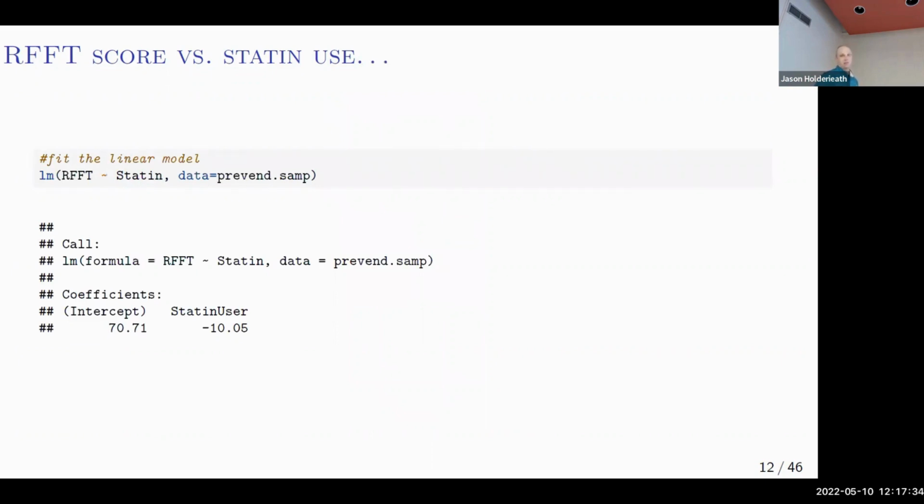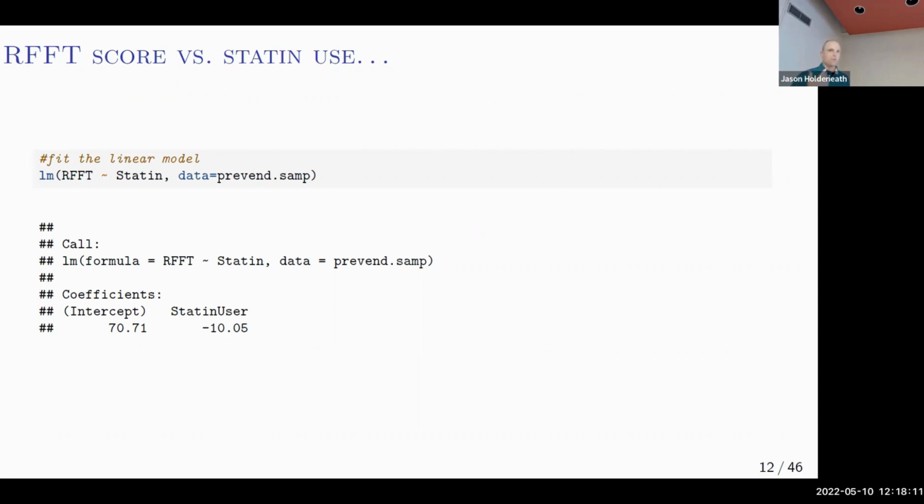If you were to just run a single linear regression model, it would have statin user as a 1, and 0 if not. So your y would be the score, this test score, and that would equal an intercept plus a binary or dummy variable for statin users.